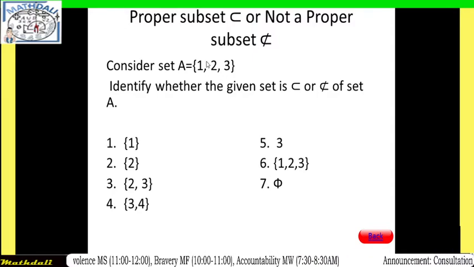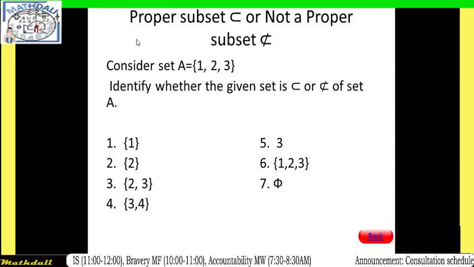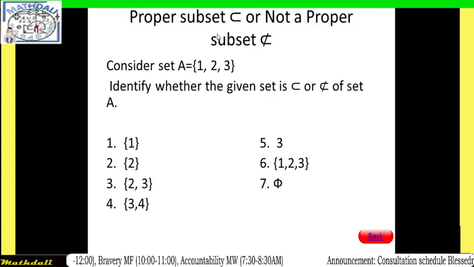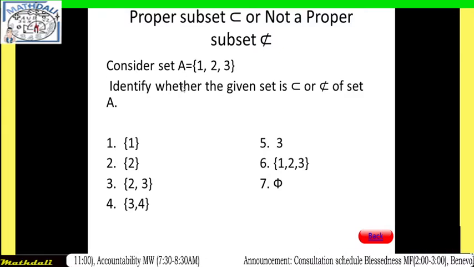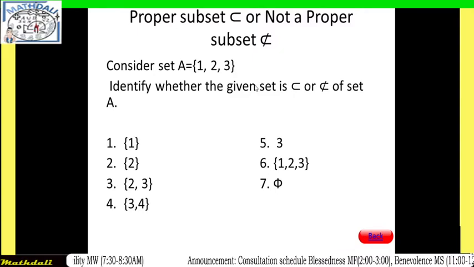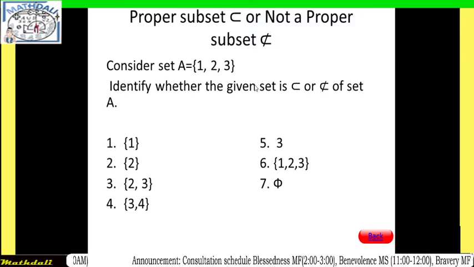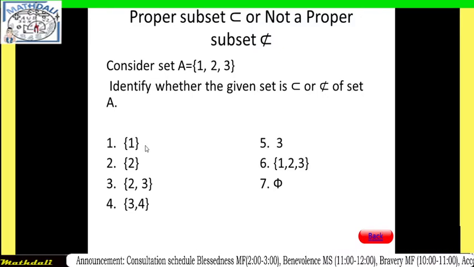Okay, so ulitin ko lang yung definition ng ating proper subset. Set A is a proper subset of set B kung lahat ng element meron si set A ay makikita sa set B. At merong isang element meron si set B na wala sa set A. So, yon. Okay, so umpisan na natin.